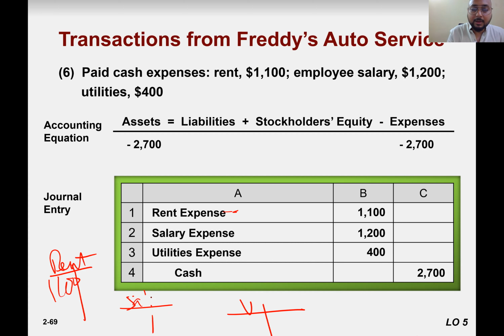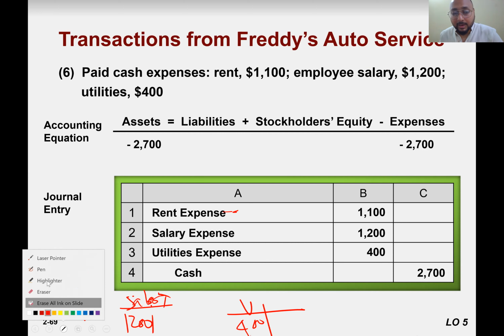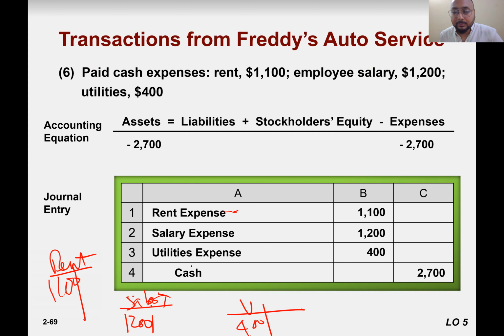For salary, we write it on the debit side. For utility, 400, we write it on the debit side. Cash T account we already have, so we just write 2700 on the credit side of cash.